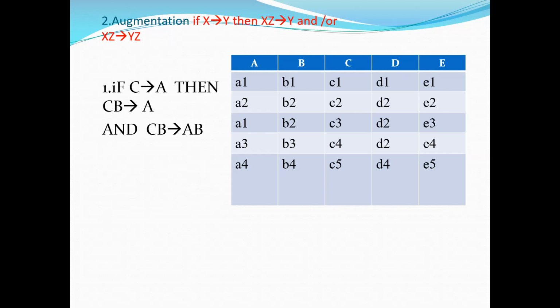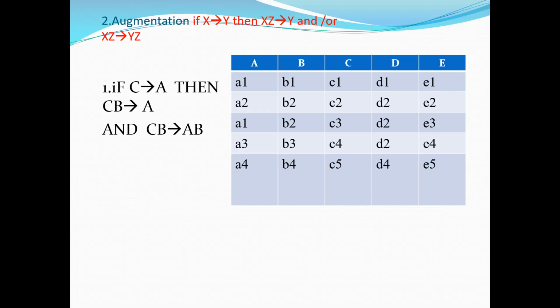Consider C and A. If C can functionally determine A, right? Is it present there? Yes, it's present there. C1 corresponds to value A1, no other C1 present. C2 corresponds to value A2, no other C2 present.